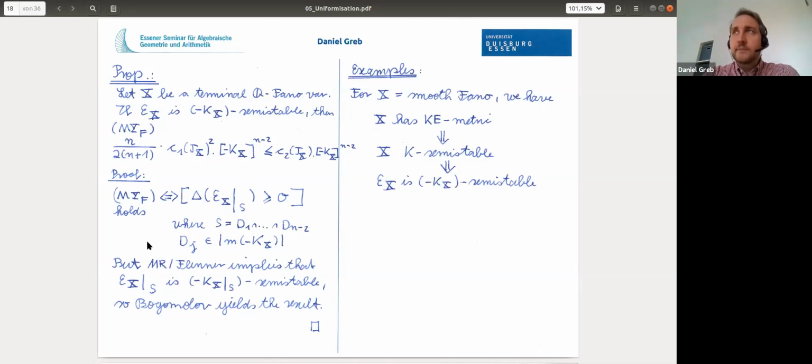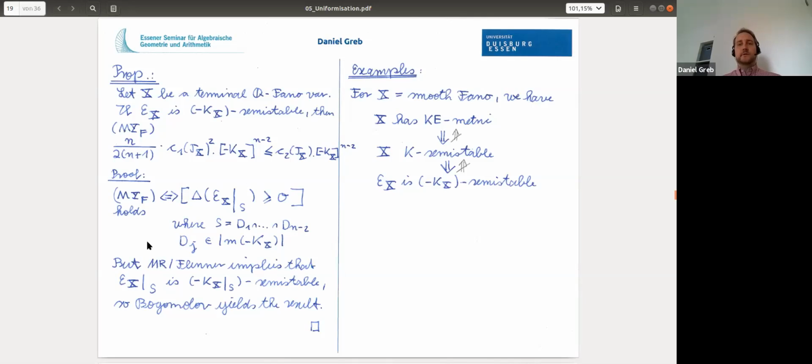Well, let me rather tell you about the implication K semi-stable implies Ex minus Kx semi-stable. This comes from an estimate on what is called the greatest lower Ricci bound. So this really has to do with some differential geometric arguments and estimates, from which you can estimate some slopes.